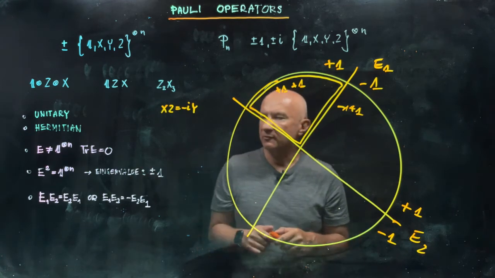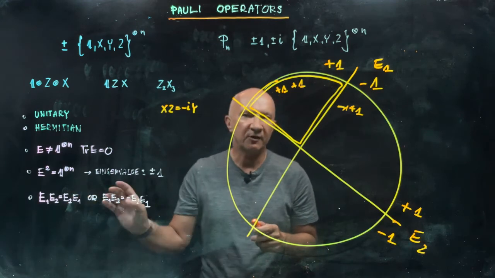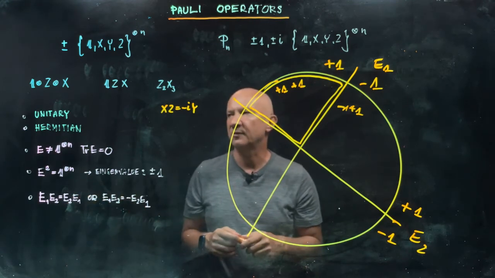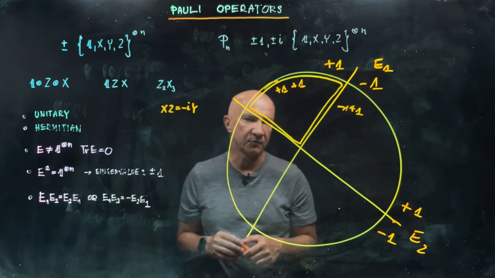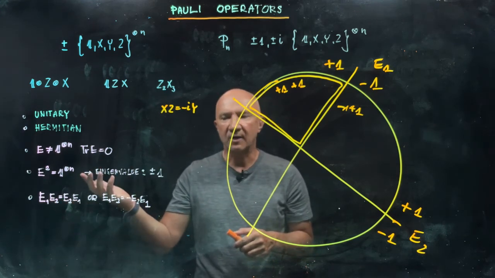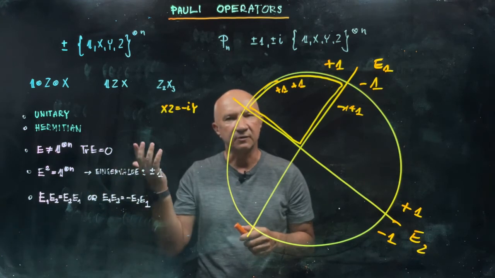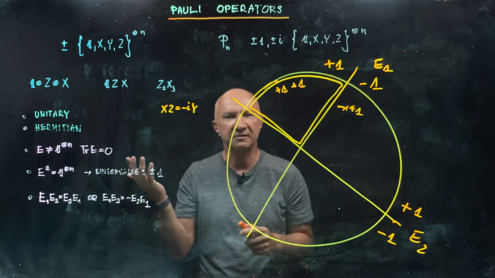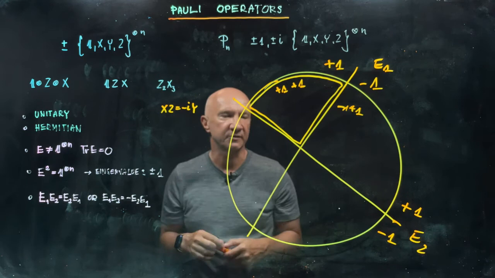Now, going back to mathematical properties, if you pick up any two Pauli operators, they either commute or anti-commute. So if you pick up E1 and E2, the product E1 times E2 is equal either to E2 times E1 or minus E2 times E1. There's no third option.